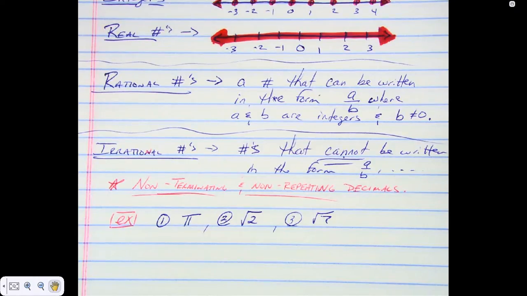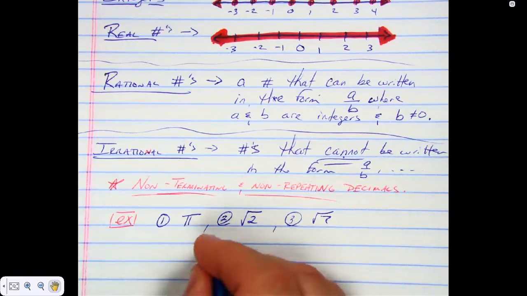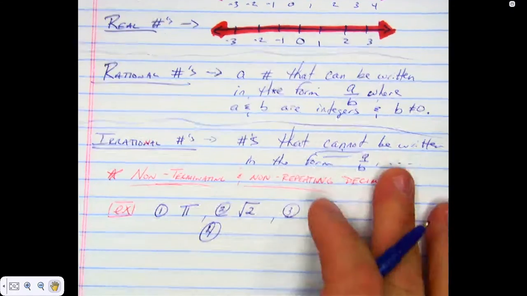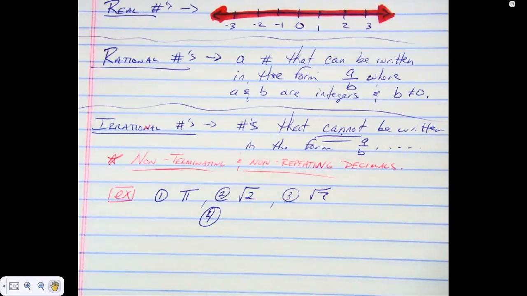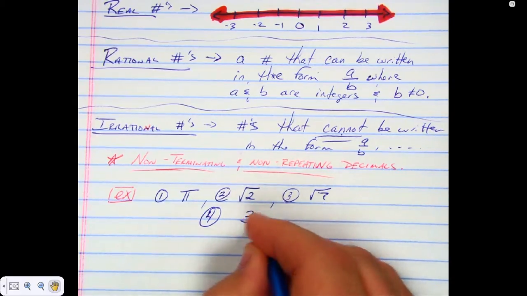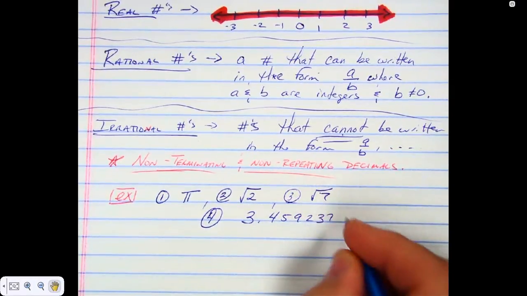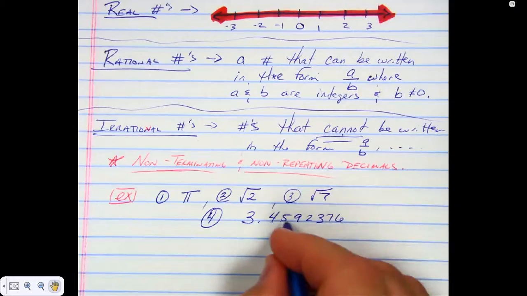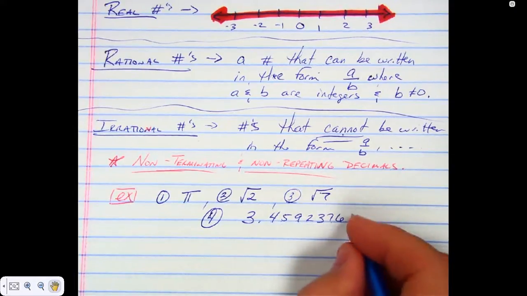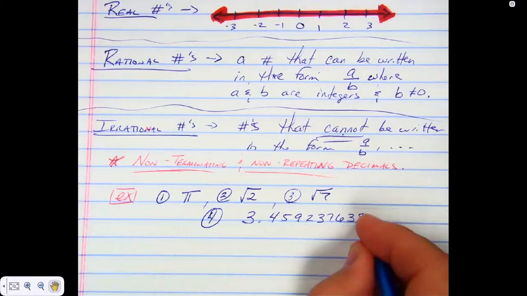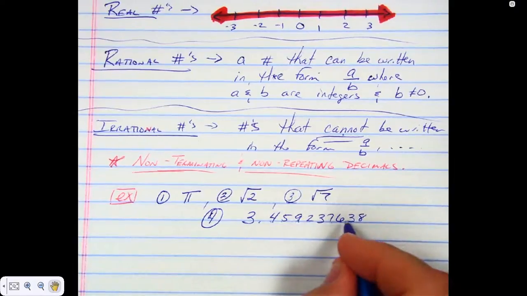Now, an example written in decimals, like what we're going to do in this chapter, they say, give me an example, a 10-digit example of an irrational number to 10 decimal places. Well, obviously it's irrational, it goes on forever, right? So I could say 3.4592337123456738111234567 89.